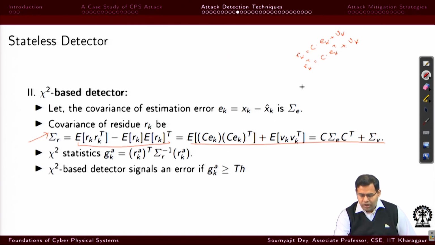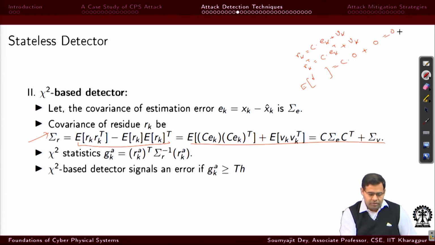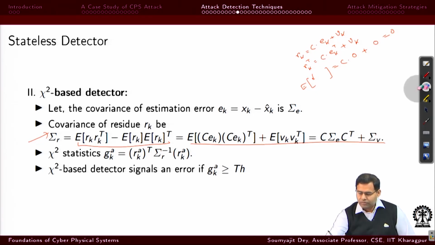So, what will happen is expectation of both these will be C times expectation of this, which would be 0, and plus the expectation of this, which would be 0, right. Then what remains is expectation of R_k R_k transpose, right. So, if you just try to compute that, let us see how that happens.